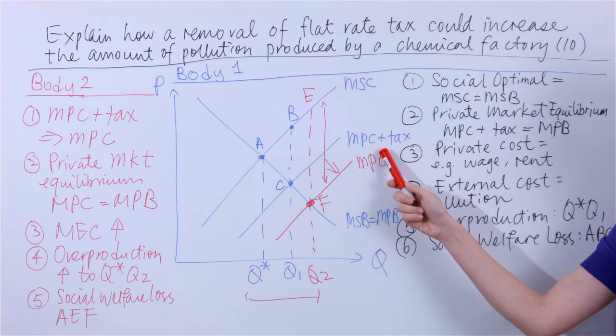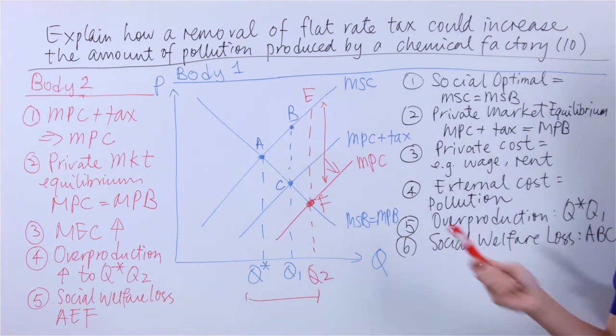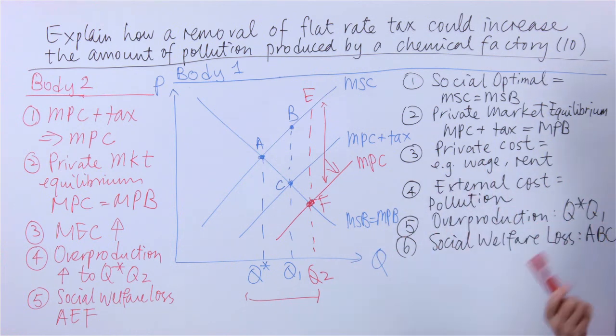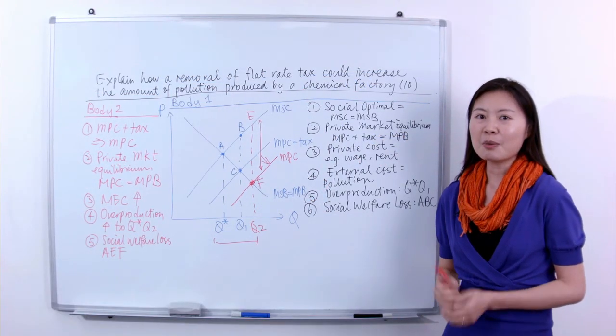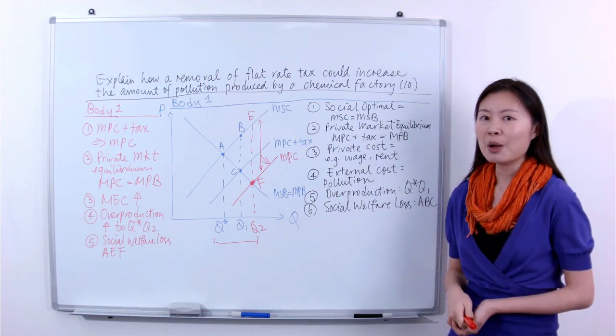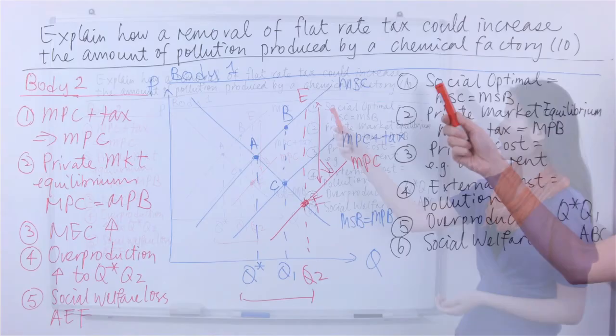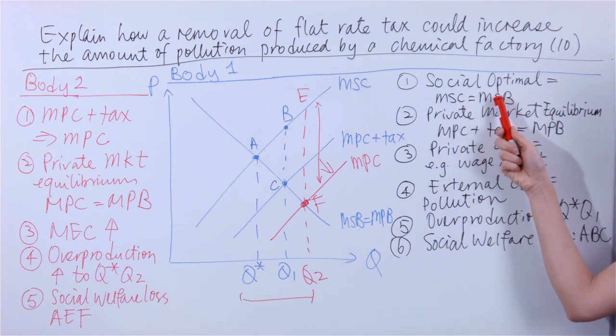Most students would find it okay to draw the diagram, but to explain the diagram in words, they find it challenging. So how do we do that? I'm going to walk you through the steps one by one, like doing a math problem, to illustrate how to explain the diagram. Most of the time when we try to explain an externality diagram, we will start off by explaining the social optimal point, which is MSC equals MSB.